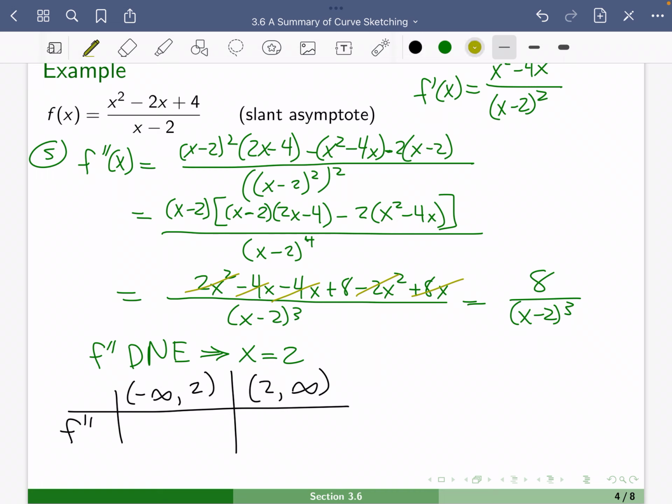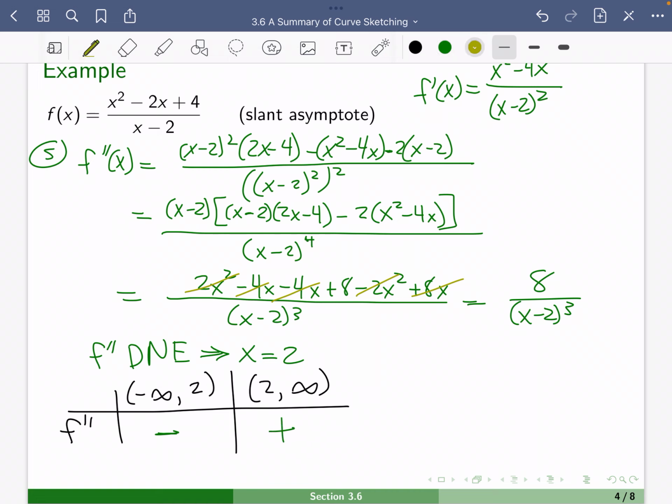If you plug in something smaller than 2, so if you plug in 0, negative 2 cubed is negative 8. 8 divided by negative 8 is a negative. So we have a negative here. And if we plug in something larger than 2, we will get positive.